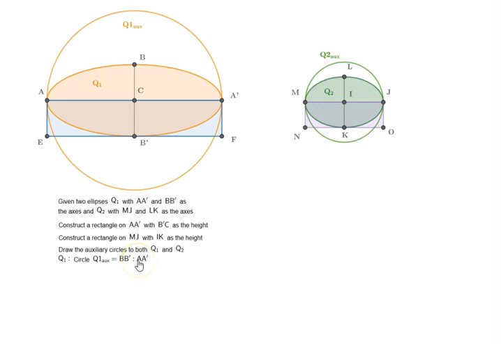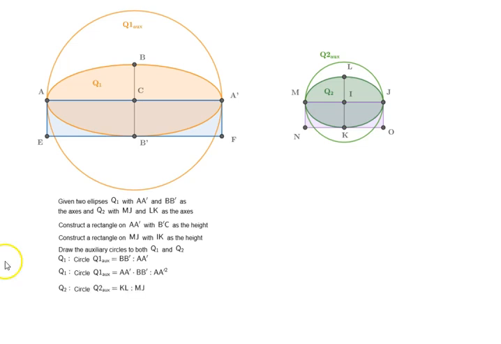We have seen in the previous propositions that the ellipse has a ratio with the auxiliary circle as the minor axis has to the major axis. Now multiplying both the antecedent and the consequent by A prime, we get A prime times BB prime is to A prime square.